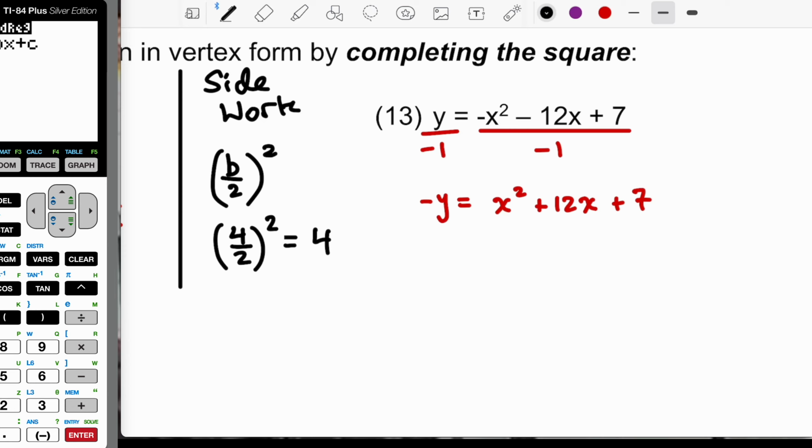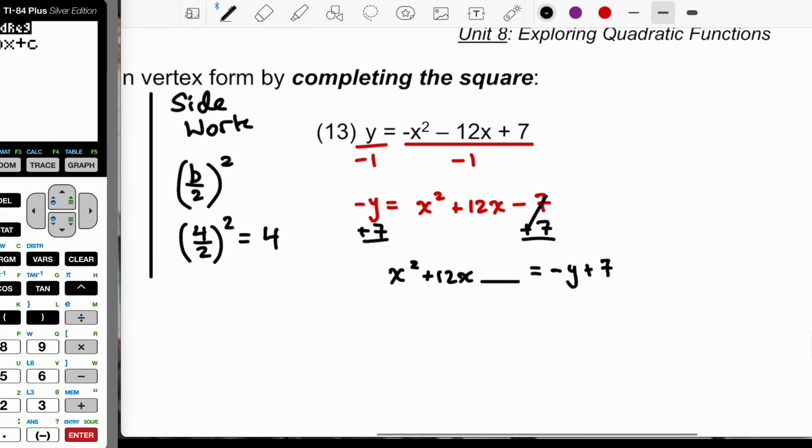Yeah? What would it be, minus 7? Thank you. Good catch. So I'm going to add the 7 to both sides to get rid of it. x squared plus 12x, leave a blank to complete the square, is equal to negative y plus 7.